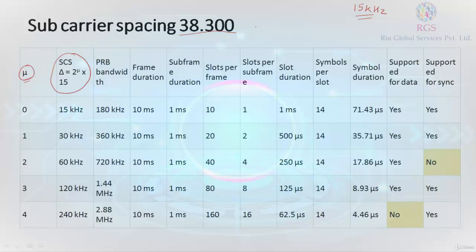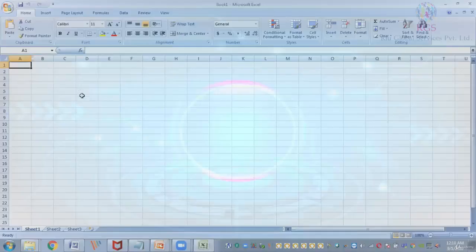So we have a formula, 2 to the power of mu times 15 kilohertz, which is going to be our subcarrier spacing. Let us take this through an example from the Excel itself. We have numerologies, which is considered as mu.